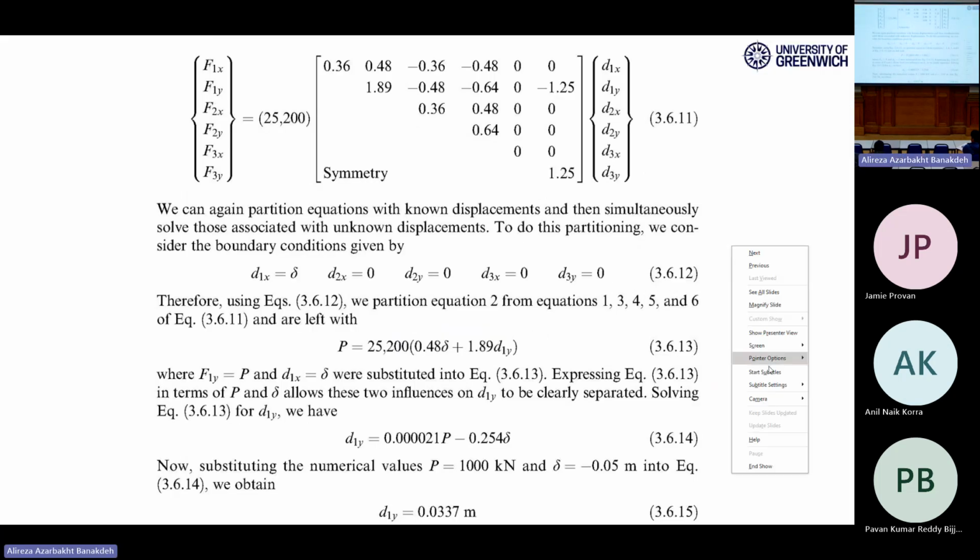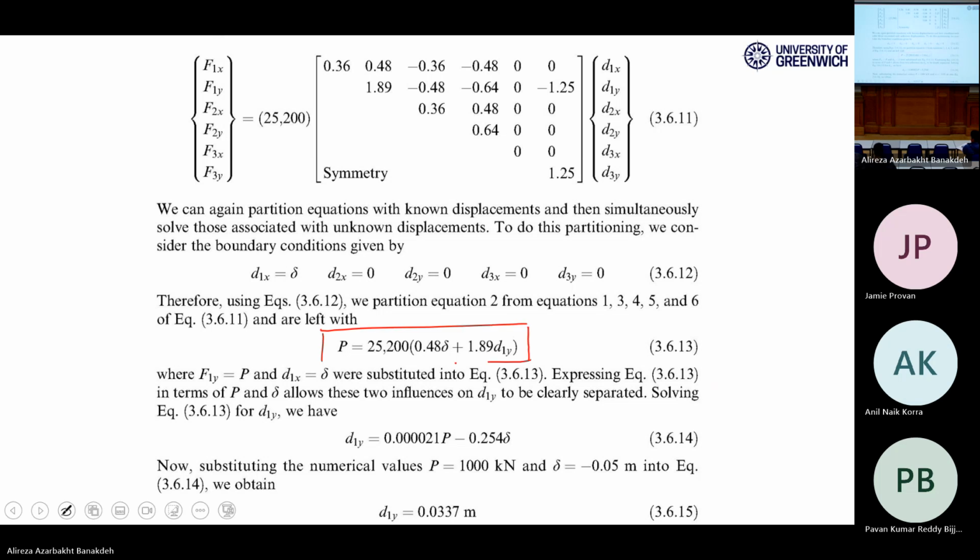This is what we do here. This is what I said, and you need to calculate delta 1y.